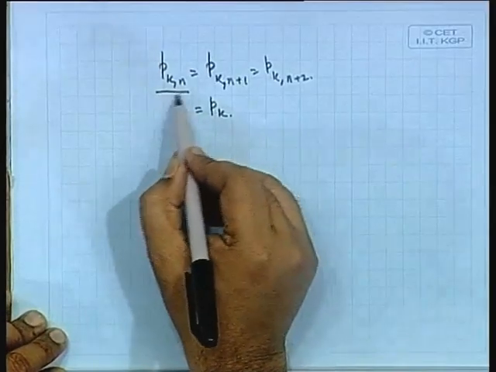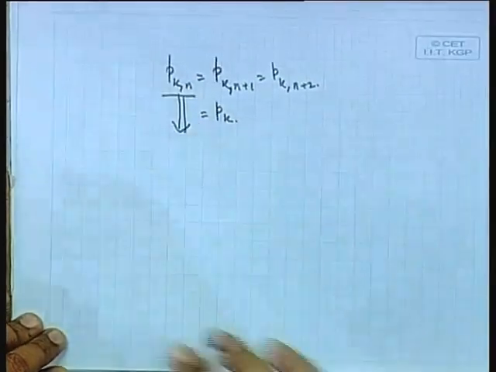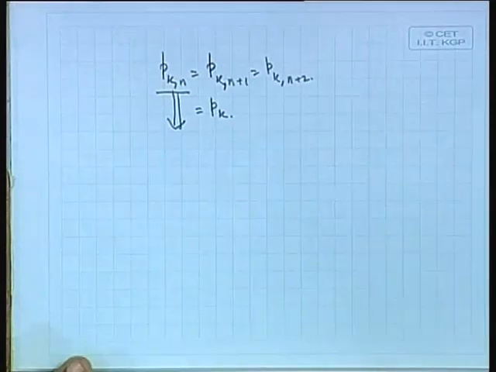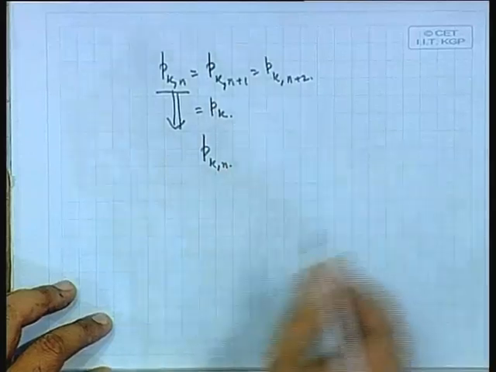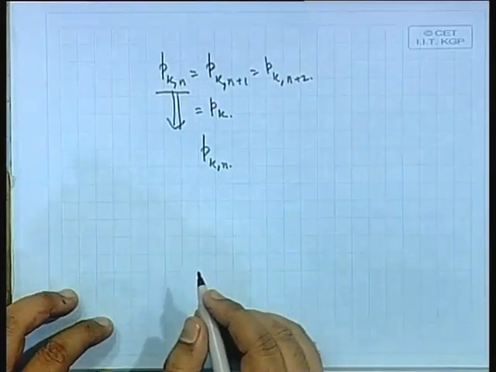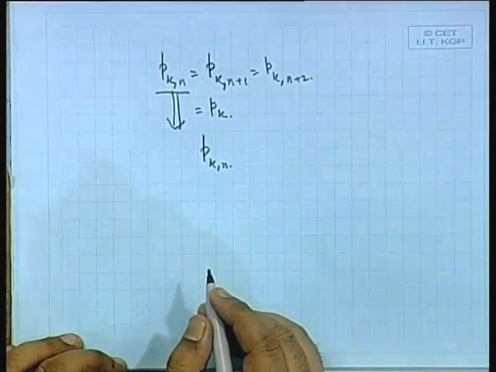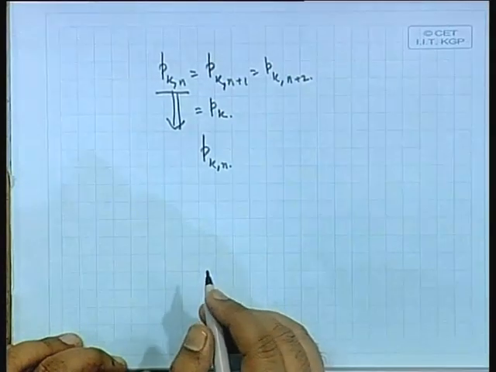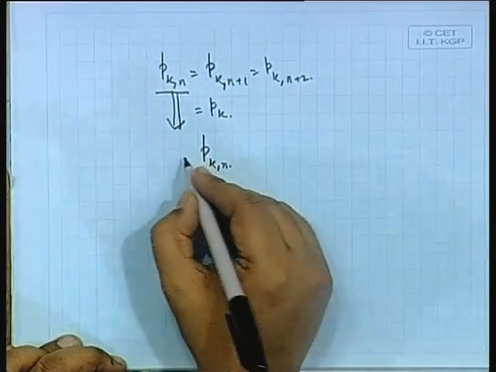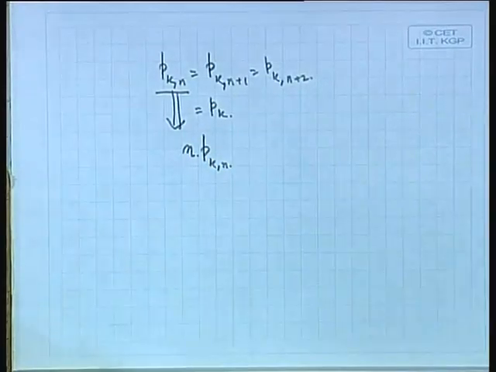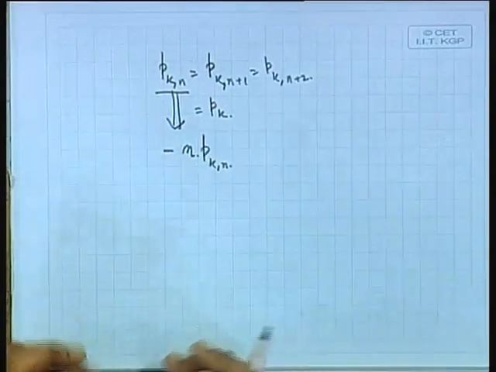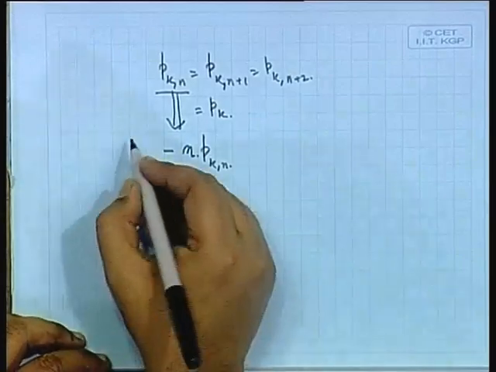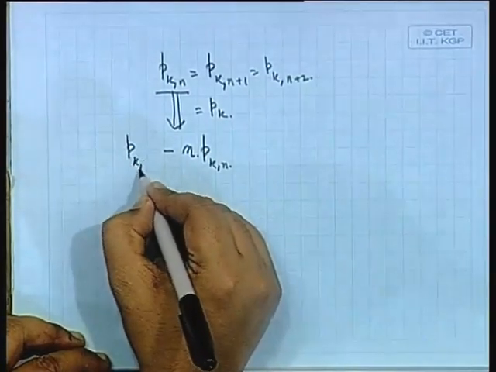But first, let us do the first step first. Let us think only about p k n. At p k n, how many nodes are there of degree k? N into p k n. So, when I have a new node, I will have p k n plus 1.